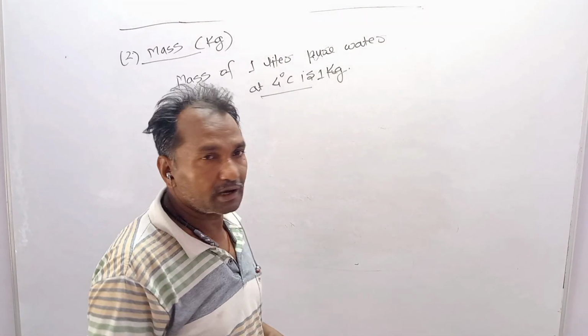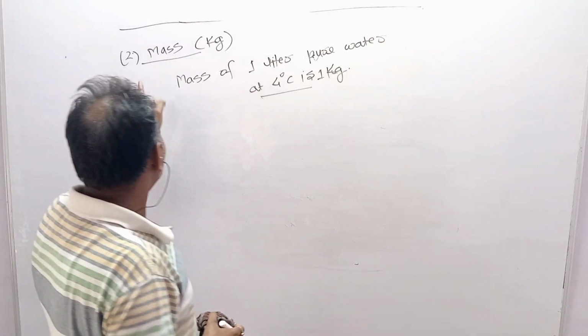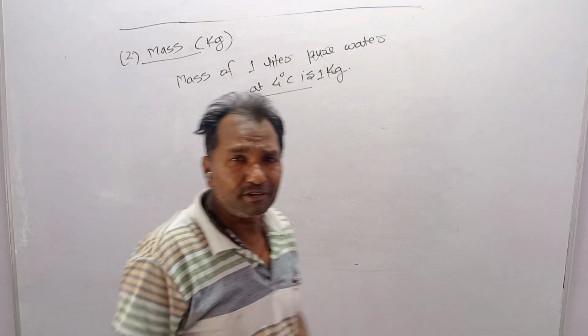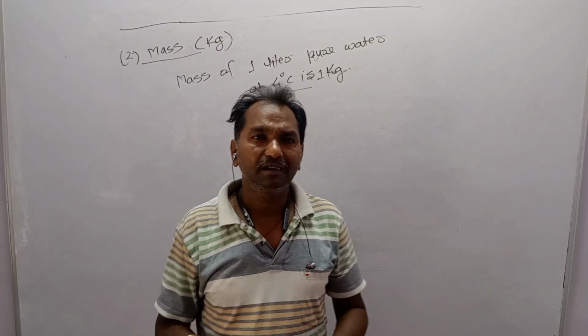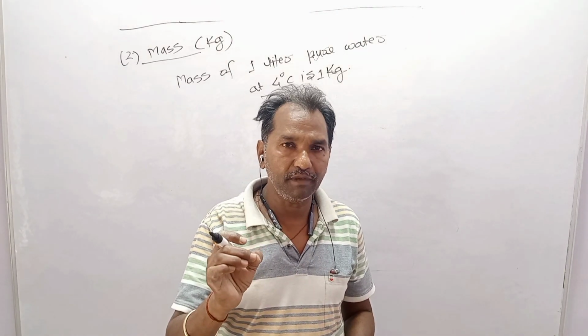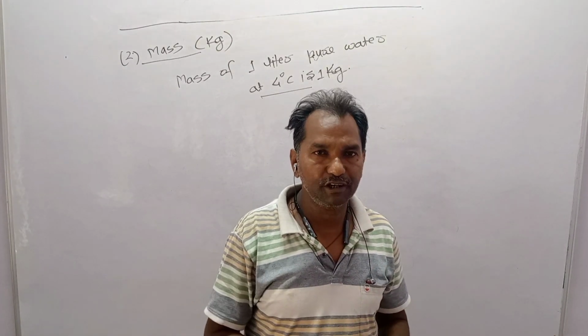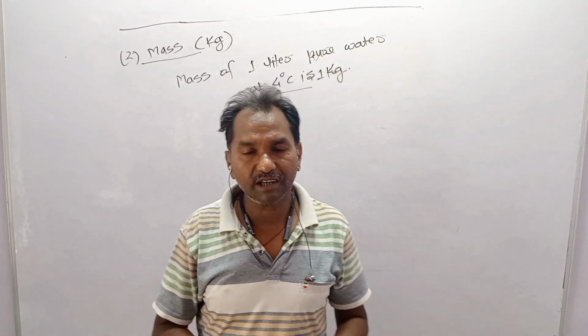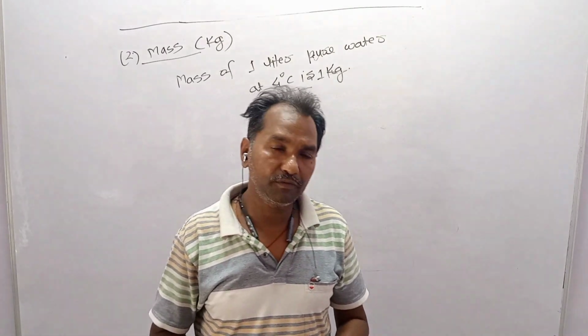fishes are alive. Now there is another definition: there is a cylinder made of platinum and iridium alloy kept in an aqueous space, and the mass of that cylinder is also 1 kg.